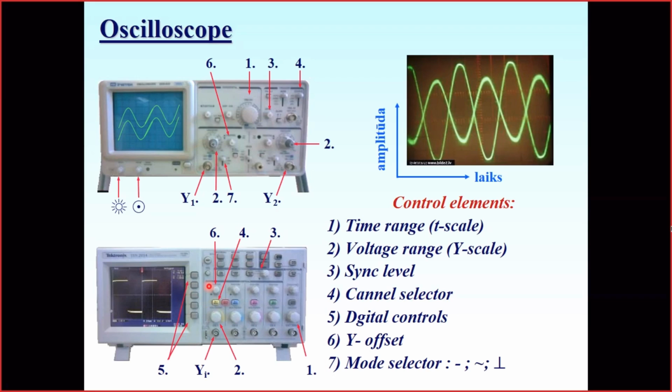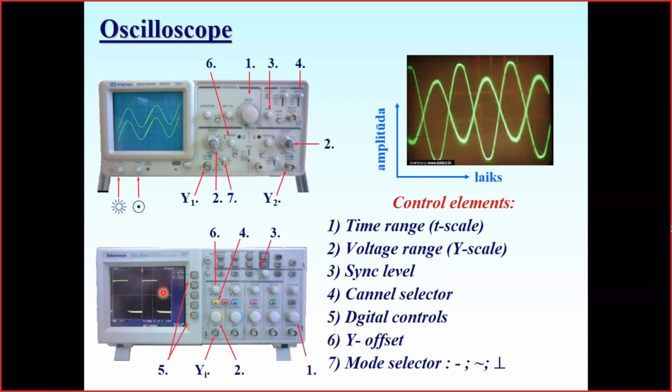For digital scopes, the amount of control is much higher than for analog. But the minimal set that certainly any scope has is a time range selection, a voltage range selection, a selection of a synchronization level, a selection of channels, and 2 additional regulations, so-called Y offset and X offset.